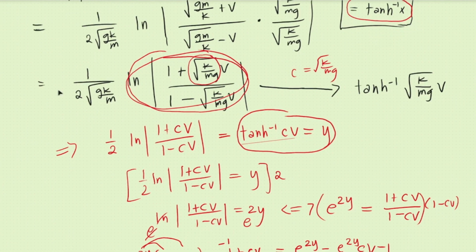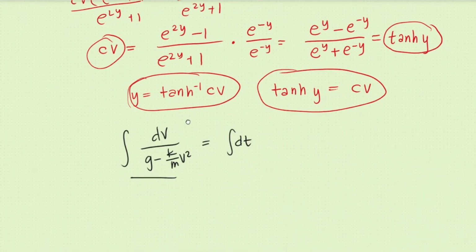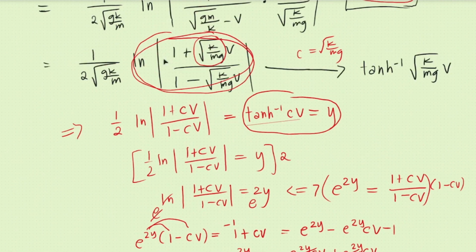So that's 1 over 2 square root of gk over m times this one here, ln absolute value of 1 plus square root of k over mg v over 1 minus square root of k over mg v.